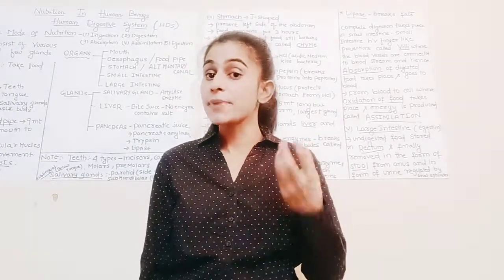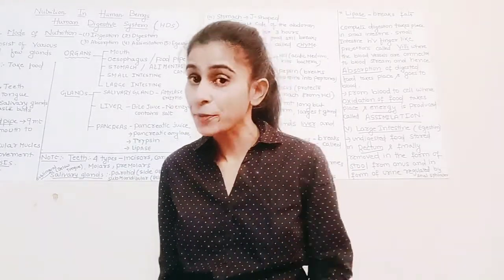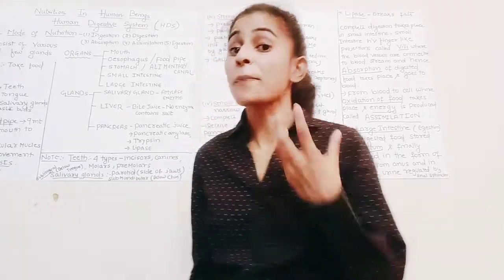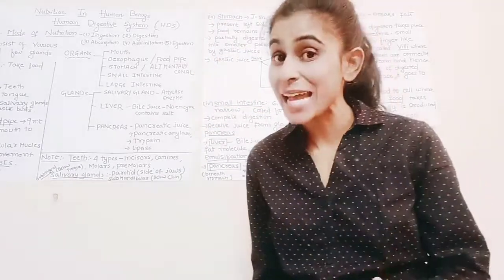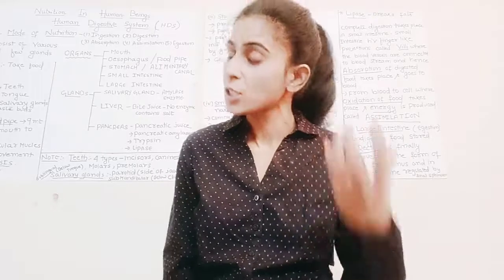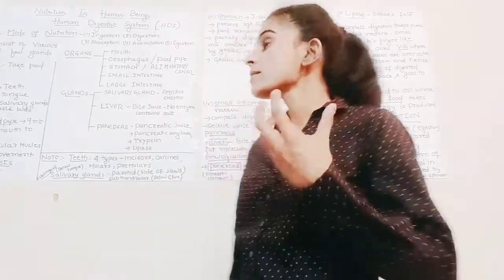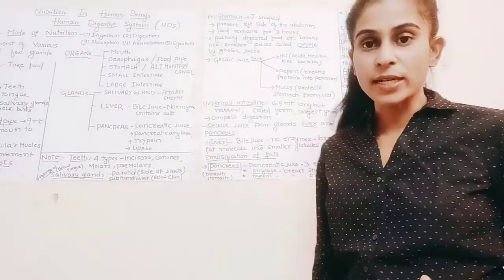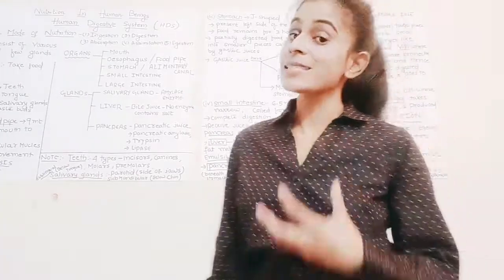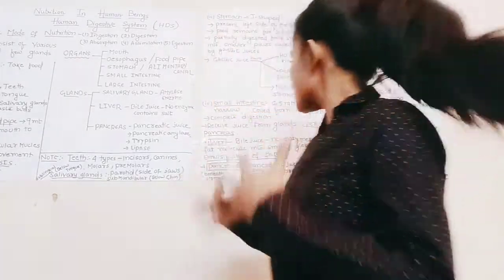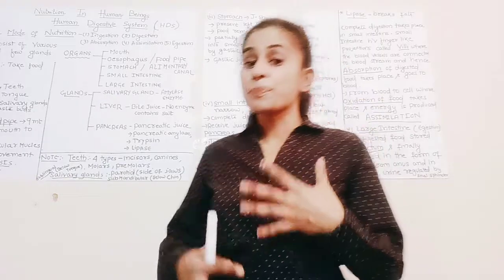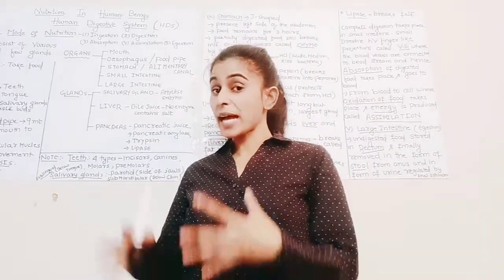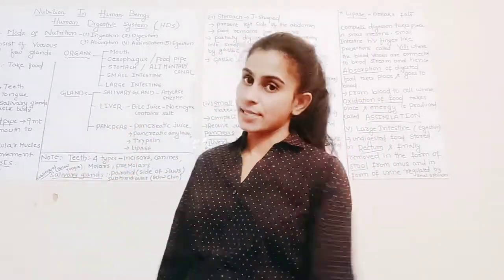And the third gastric juice is mucus. The mucus is again secreted by the stomach, and it protects the stomach from the acidic medium of HCl.